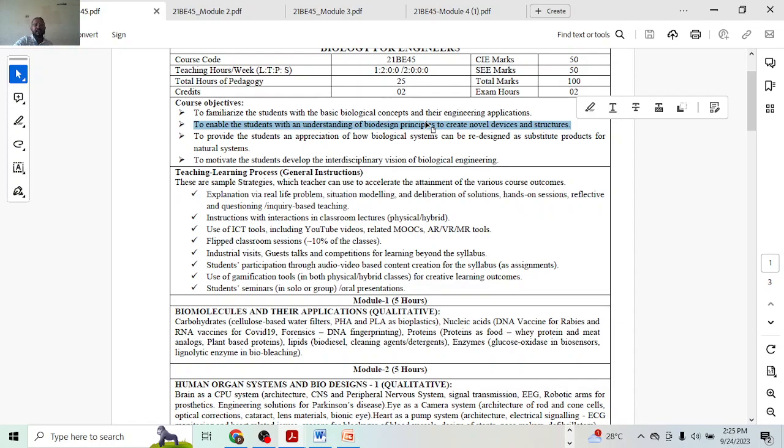Okay, so the eye as a camera, all those things are principles as well as concepts which can be inspiration for new engineers to come up with new ideas or new structures. Okay, next, to provide the students an appreciation of biological systems that can be redesigned as a substitute product for natural systems.